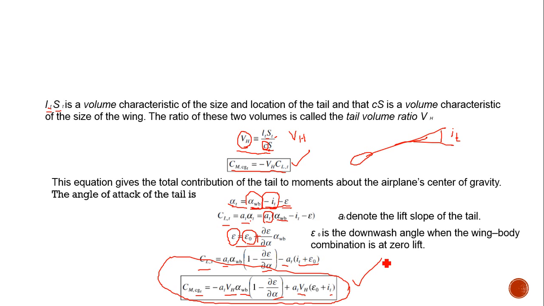Please inform me when you finish the formula. Here this CLT term, we are substituting the value in this equation, and after substitution we get this final equation for the moment about the center of gravity of the tail. Okay, did you guys finish?